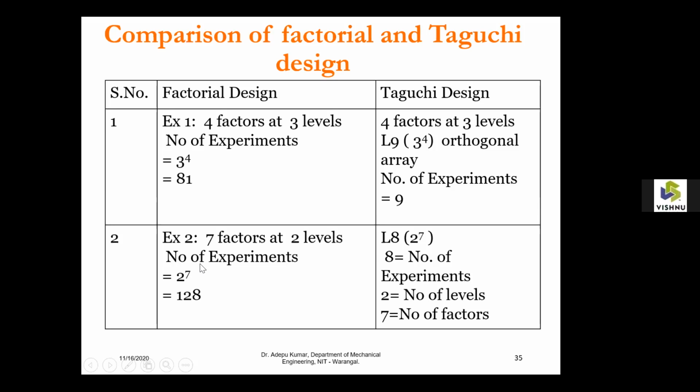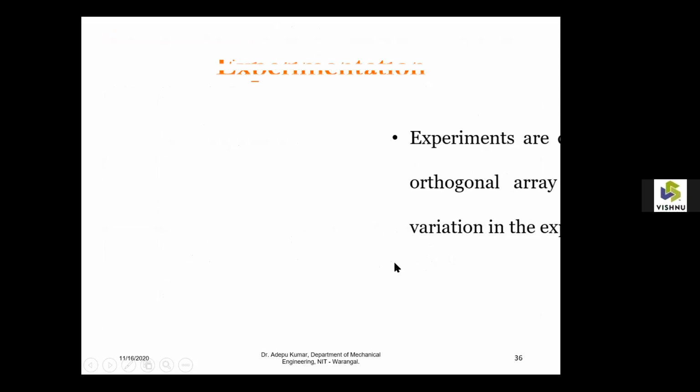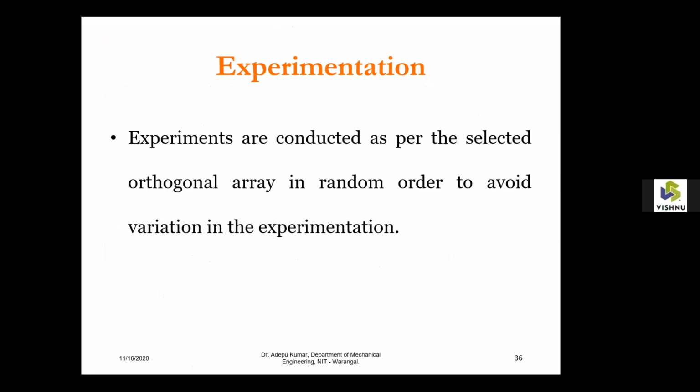Similarly, 2 to the power of 7 is 128 experiments in statistical experimentation, whereas here you have only 8 experiments. Once you know the layout based on the number of parameters, levels and interactions, you can perform the experiments in a random order.